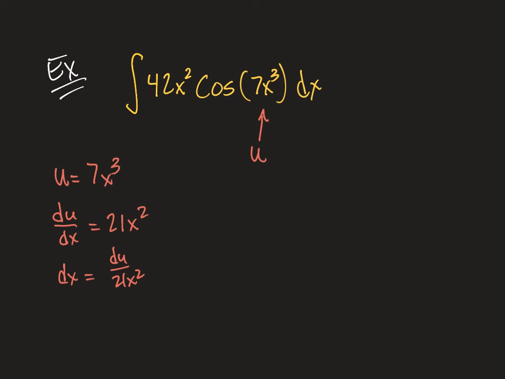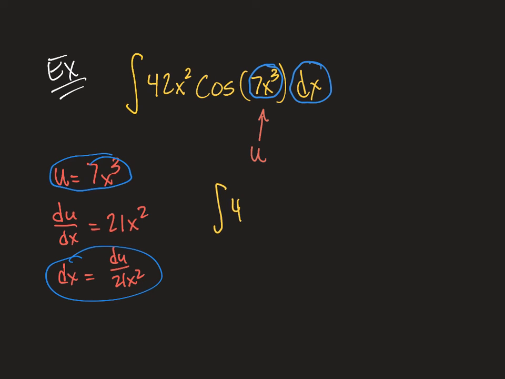Now remember, my job at this point is to replace the u and the dx. So up here, I'll put a u in where 7x cubed is, and I'll put a du over 21x squared where the dx is. So I'm going to rewrite the integral.